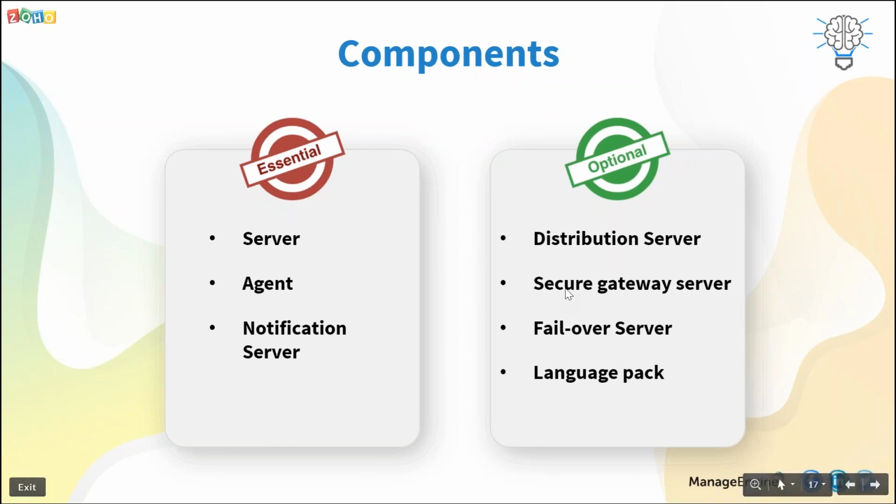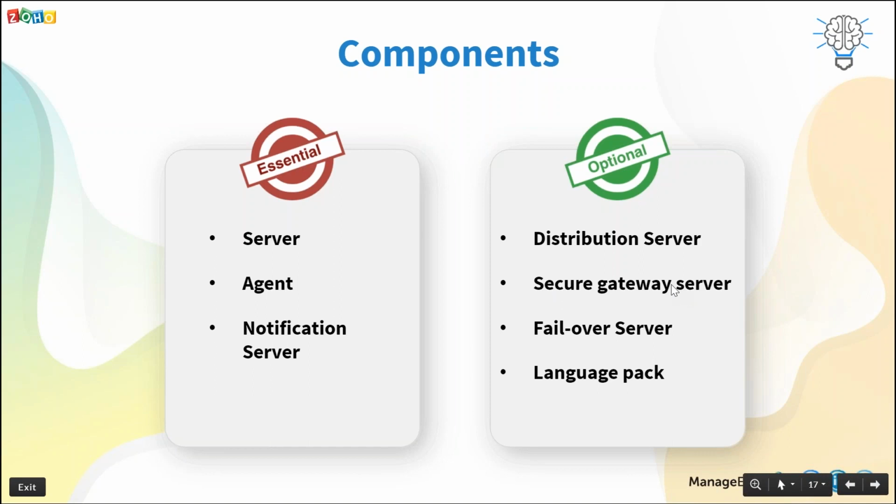Secure gateway server is another quintessential component when it comes to securing Desktop Central server. For roaming users to be able to contact Desktop Central server, it is important to configure it as an edge device. Instead of exposing Desktop Central server directly, you can use our SDS component to route all the communication from roaming users.